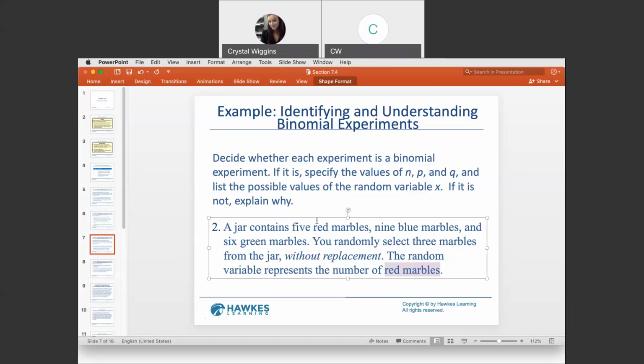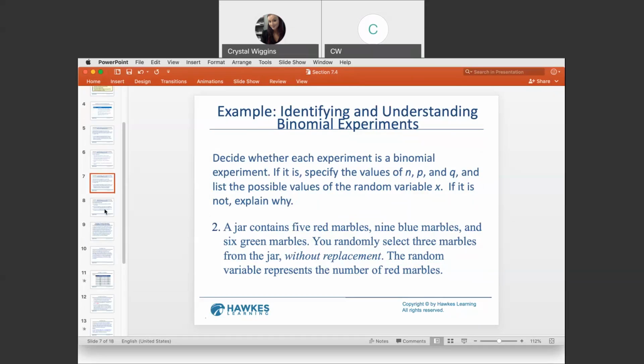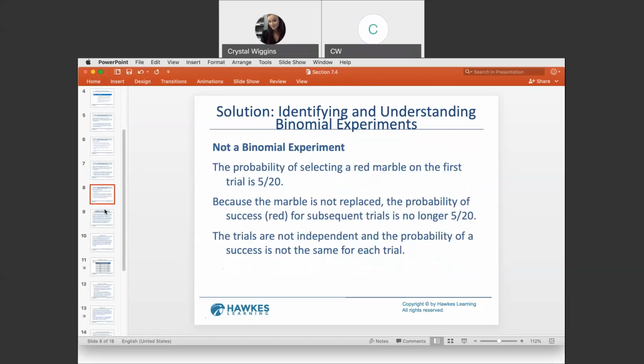But no matter what the color of the first marble is, the denominator is going to go from 20 to 19, and therefore changing the probability of success. And therefore, we're failing. Not only are these not independent, but they're also not keeping a consistent probability of success from trial to trial. Again, I left the answers in the PowerPoint for you to look them over again.